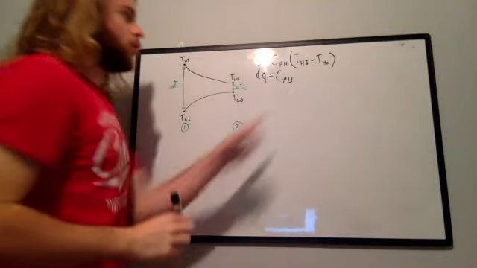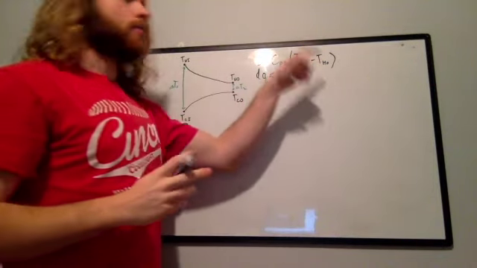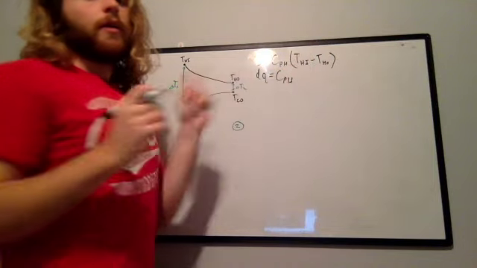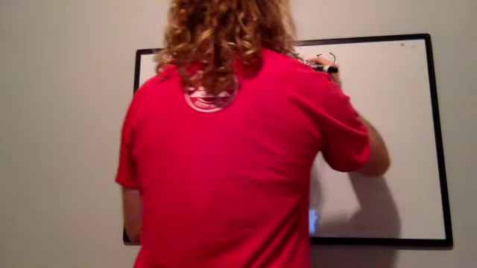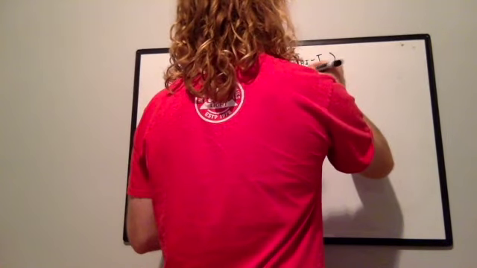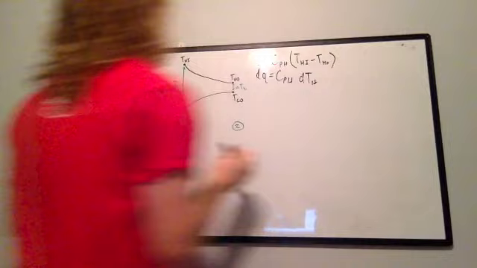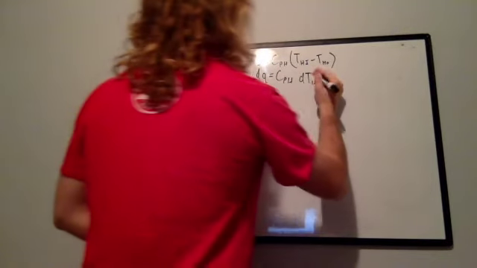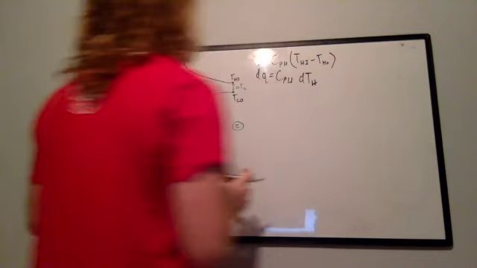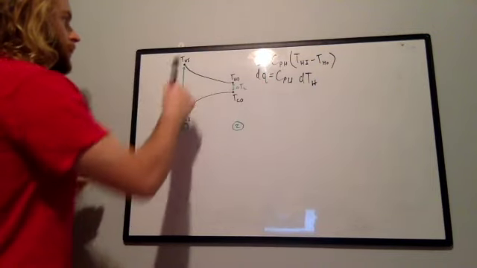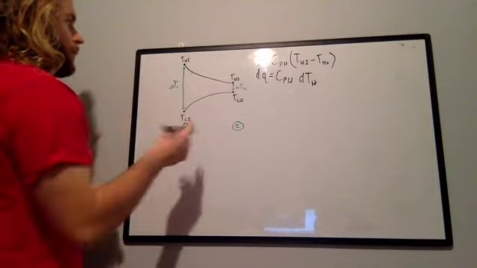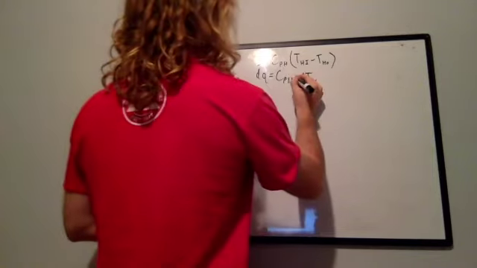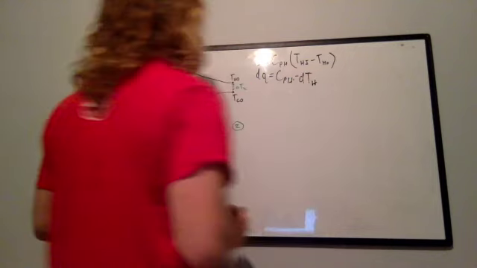The only thing that's going to be changing over here is this term right here, and this is just going to be represented by dTH, which is just going to be how the temperature is changing at that certain position. And as we can see over here, for our hot channel, that is always going to be negative, right? That is always going to be losing its heat. So this is going to be negative dTH right here.